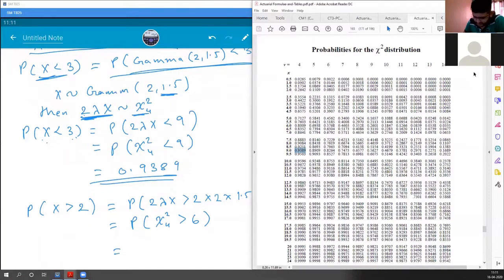Chi-square 4 greater than 6 will be 1 minus probability chi-square 4 less than 6, because this table only shows less than values. That is why we have converted into less than. So greater than would be 1 minus less than. So chi-square 4 again, degree of freedom 4, and for 6 we have 0.8009. This is how we'll find these values.